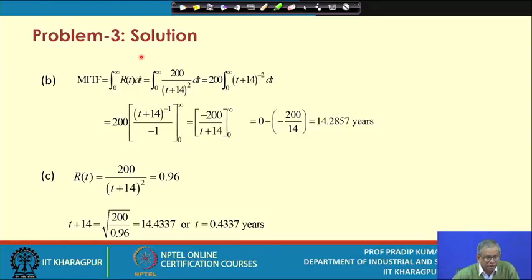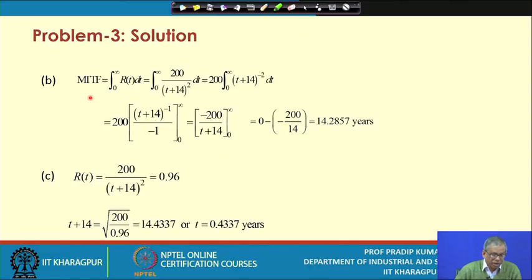Again, we apply this formula. You have the expression 200 divided by (t plus 14) square dt. You carry out these computations, and ultimately you get the value of 14.2857 years. So that is, on average, the mean value of the time to failure.